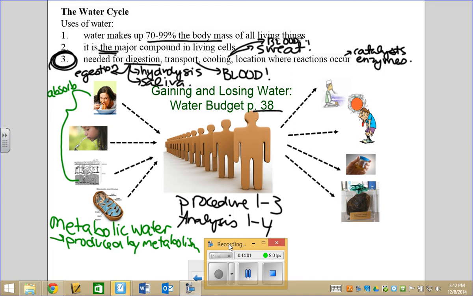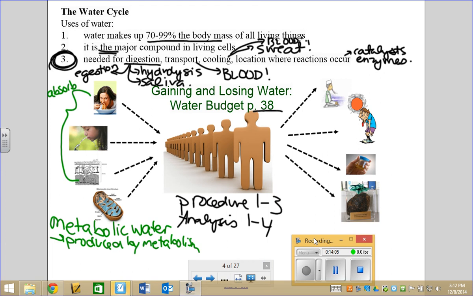And so I drew a picture of a mitochondria because I'd like to remind you of something that you already know. In cell respiration, what happens? Oxygen and glucose make, holy baloney, CO2 and water.